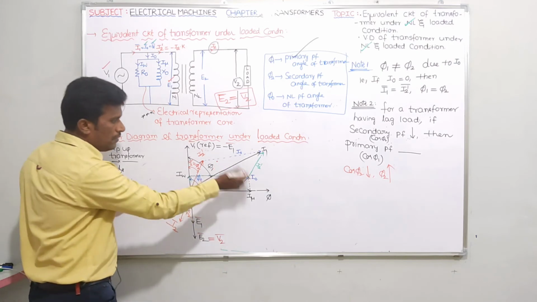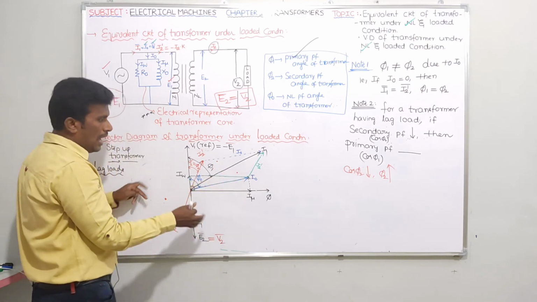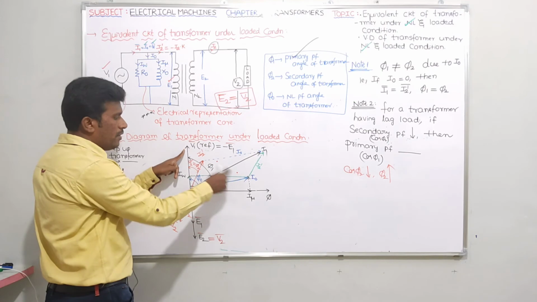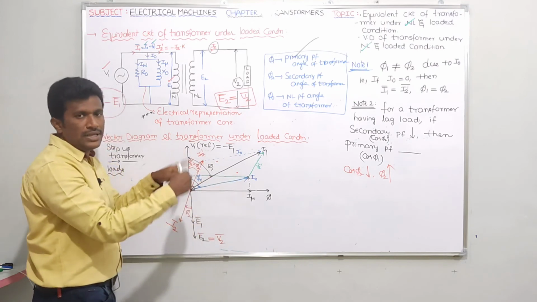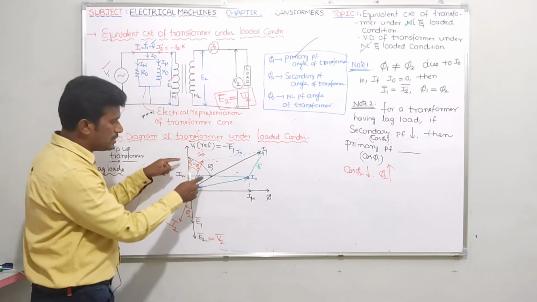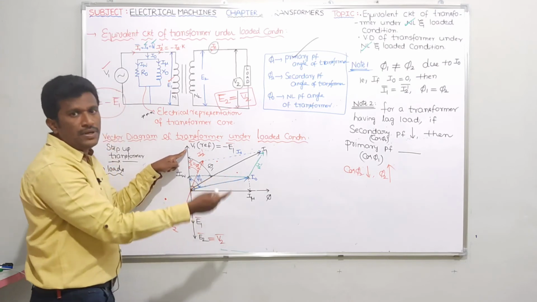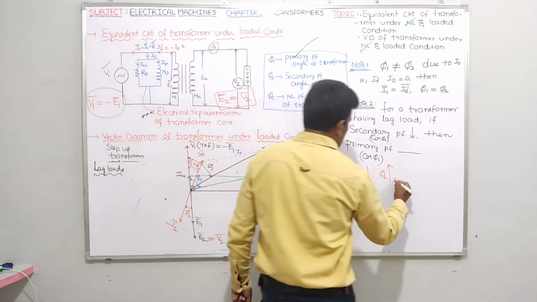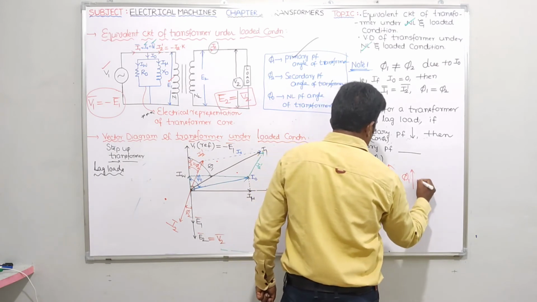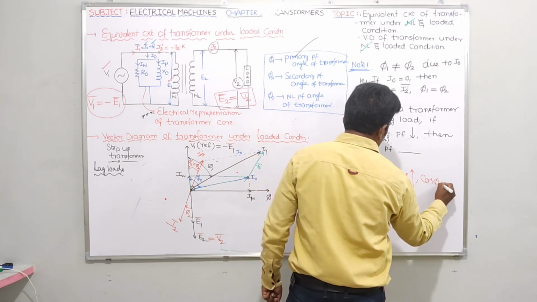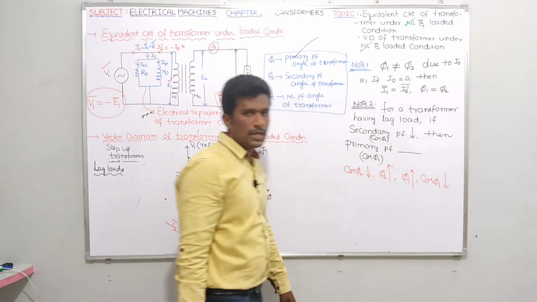Then I1 will come somewhere here. The angle between V1 and I1, phi 1, will increase, since previously it is here. What happens to cos phi 1? It will reduce.